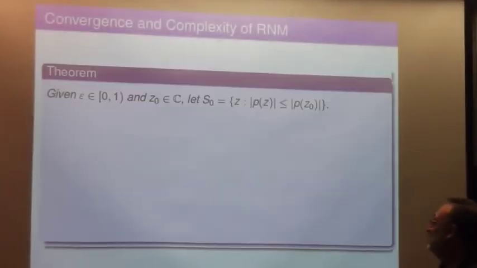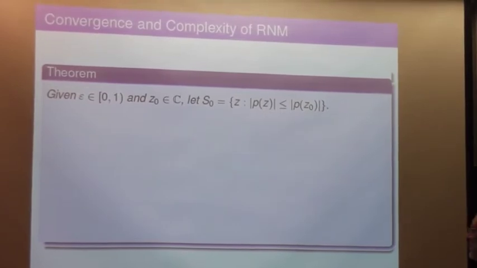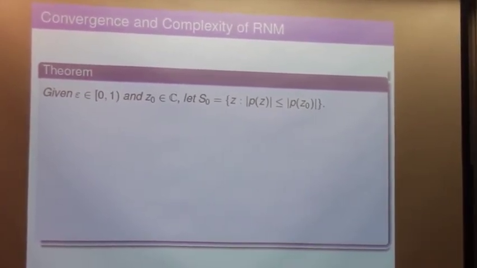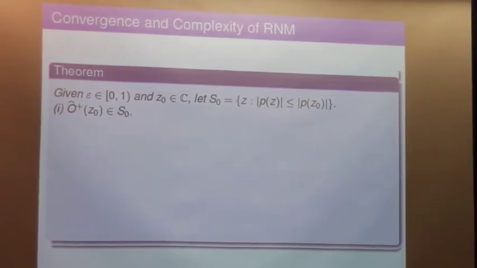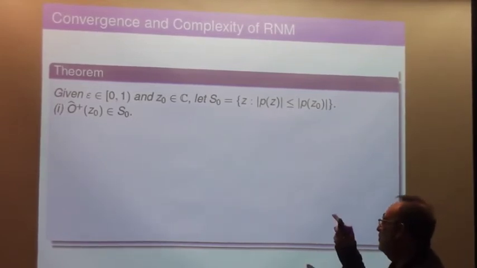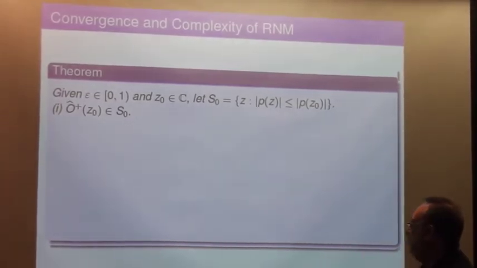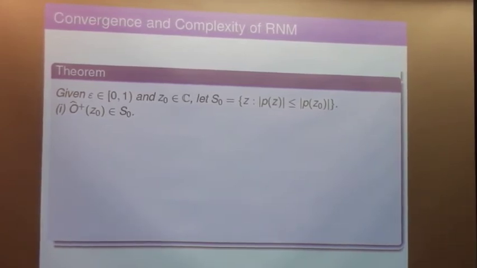Convergence and complexity: given epsilon and z0, suppose S0 is the set defined accordingly. The first thing is that the orbit of Z0 is in S0, which is obvious because the moduli are going down.